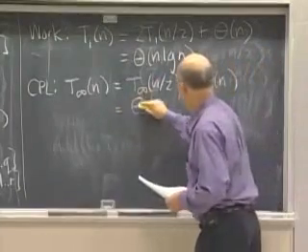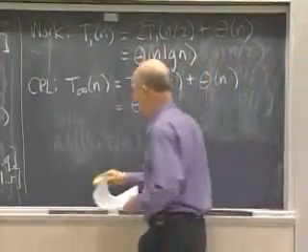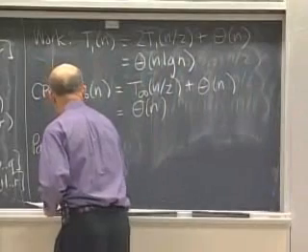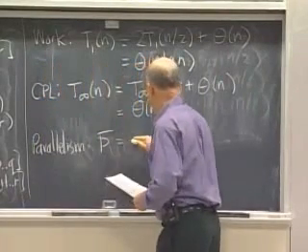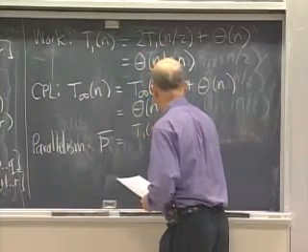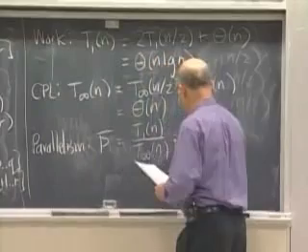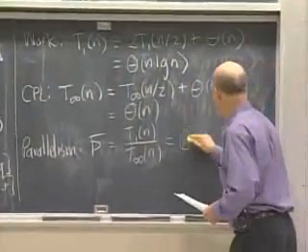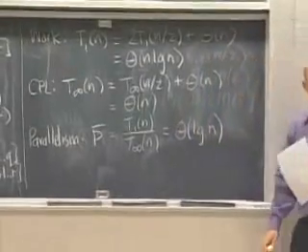And that's equal to order n. So the parallelism is then p bar equals T1 of n over T infinity of n, which is equal to theta of log n.